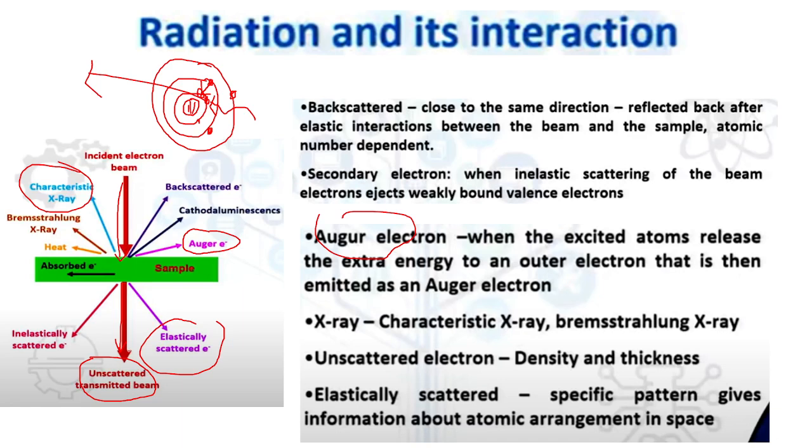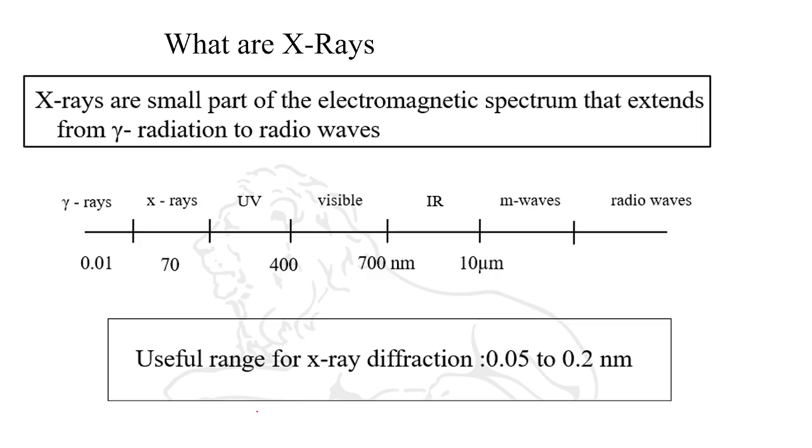That process is the transmission, and this is the transmitted electron. And elastically scattered electron can also be released. That specific pattern gives information about the atomic arrangement in the space of a particular crystal. So these are the different phenomena that can happen when an electron beam is irradiated on a sample.